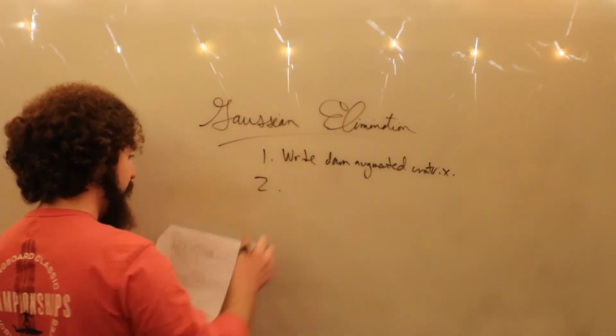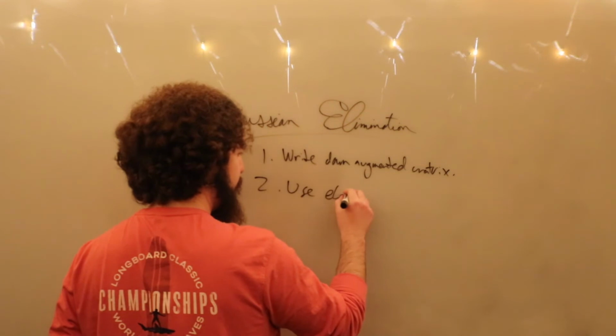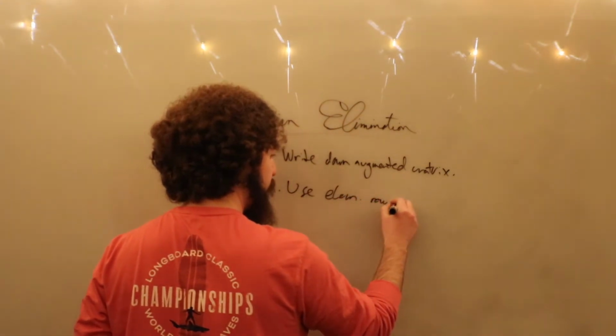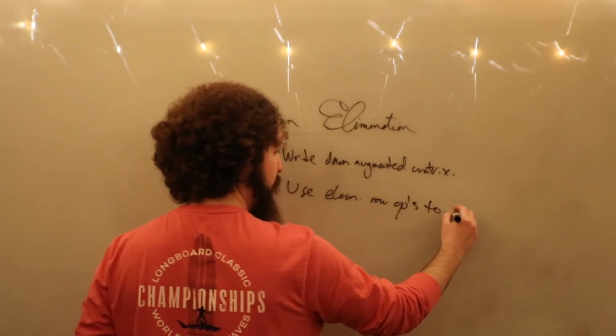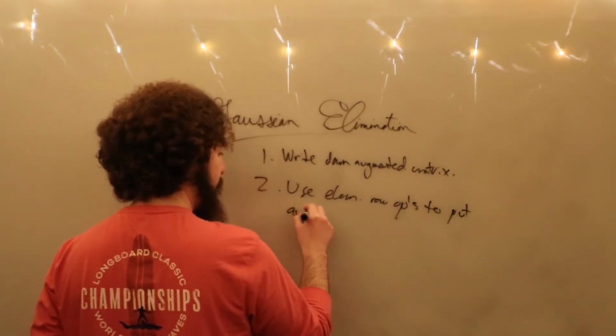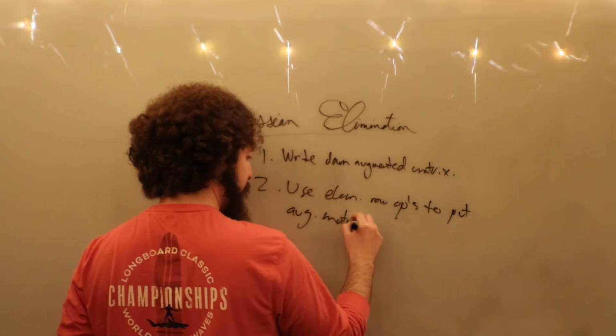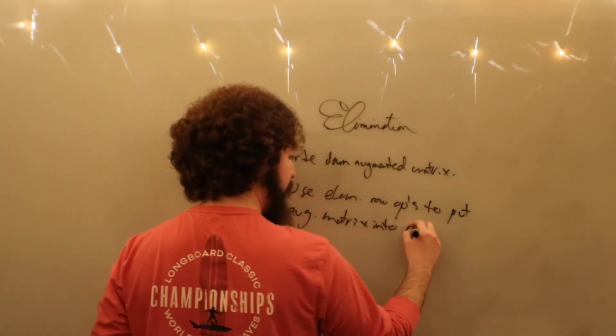Step 2, we use elementary row operations to put augmented matrix into row echelon form.